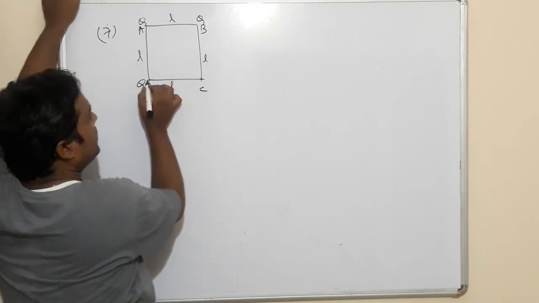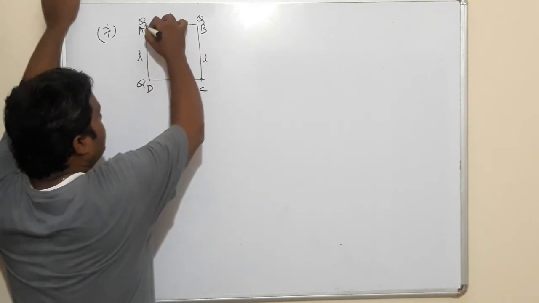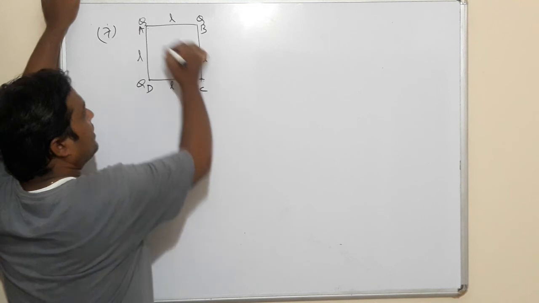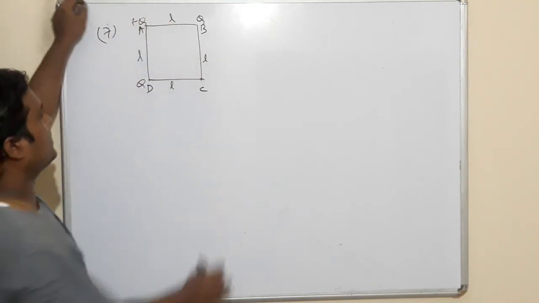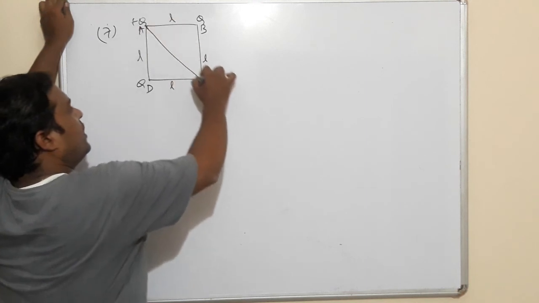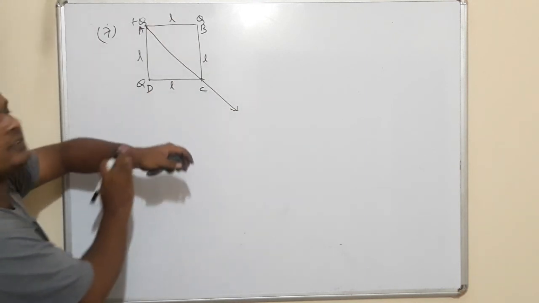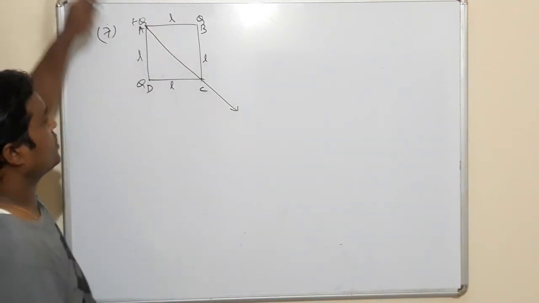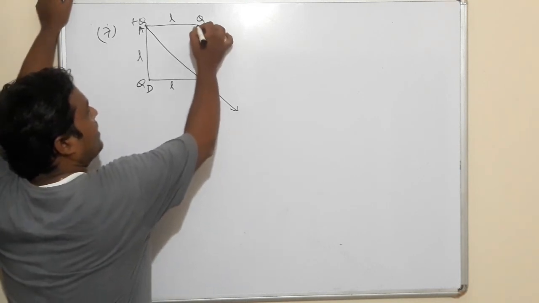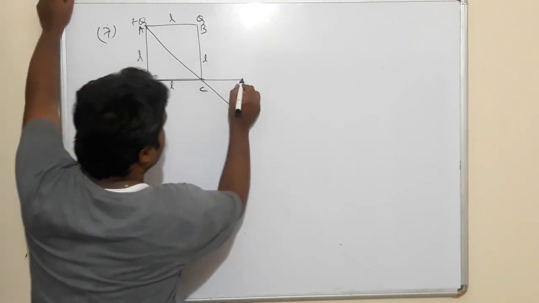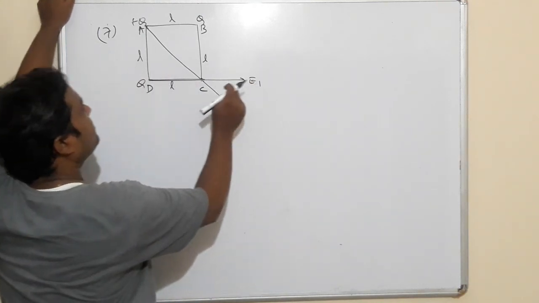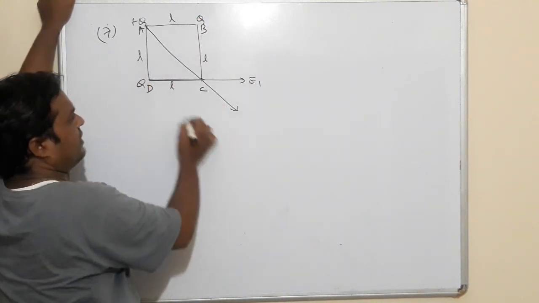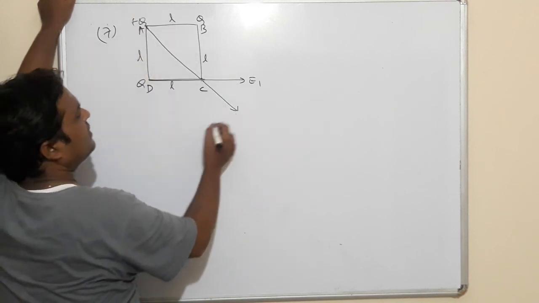The electric field due to this charge will be like this at this point. If it is plus, I want the electric field at this point, and this electric field will be away from the charge like this because it is positive. I will write this as E1, this as E2, this as E3.